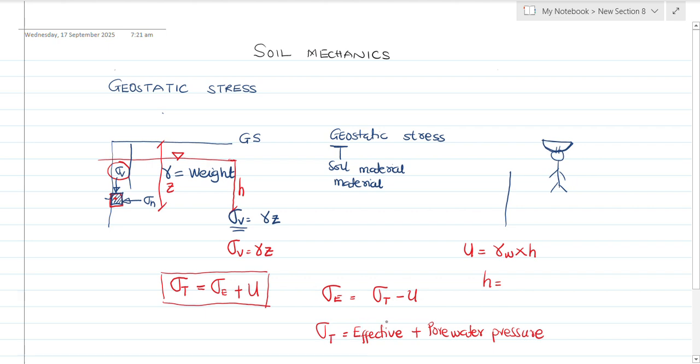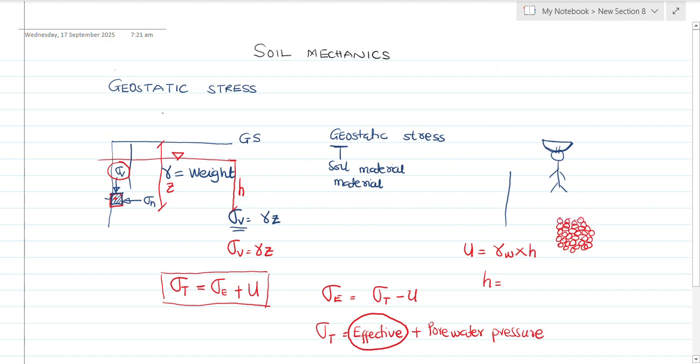In soil, the strength of the soil is dependent on the effective stress. Now, the effective stress is as a result of the soil particles coming together. If the soil particles are able to come together, they generate what we call the effective stress. If a soil has no water within it, the particles are very close to each other, and so the effective stress is high.